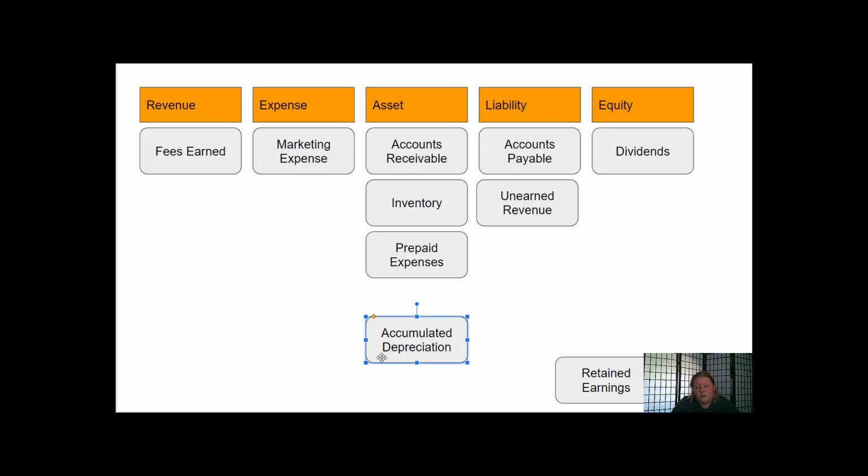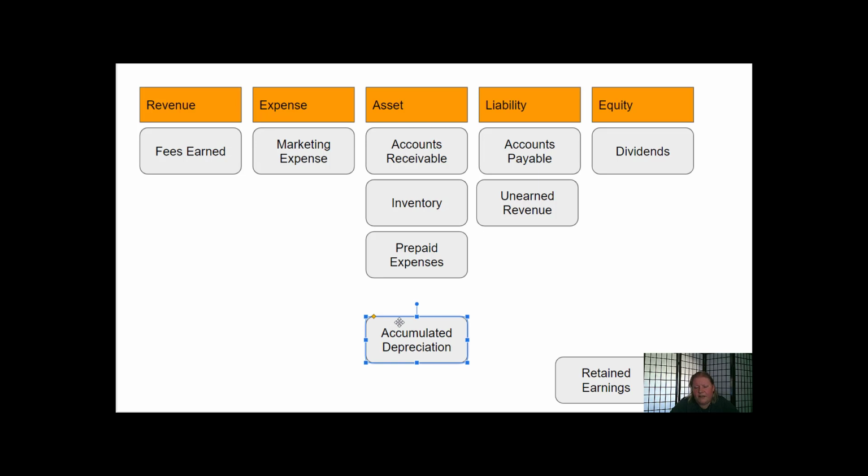Accumulated depreciation is all the depreciation that we've taken on our assets over the years. So this gets linked up with our long-term asset accounts. This might go with your equipment account, with your buildings account. So this is going to be sitting with your long-term assets.